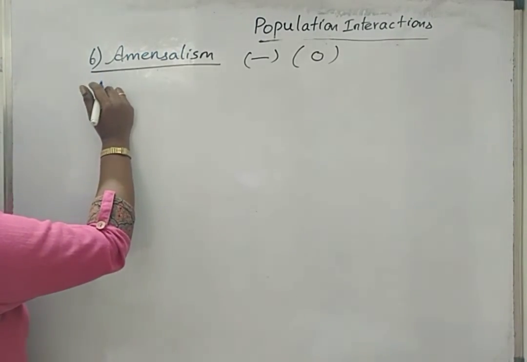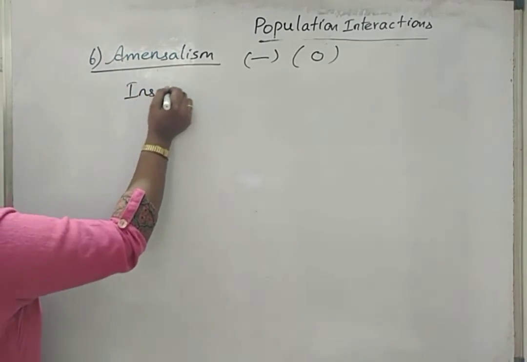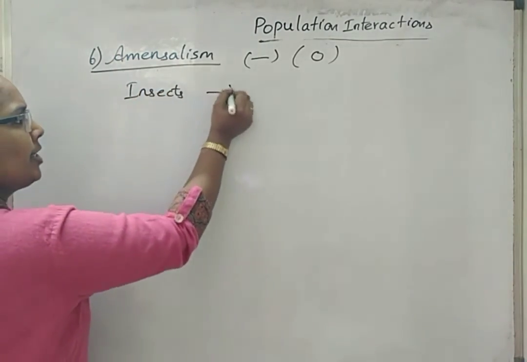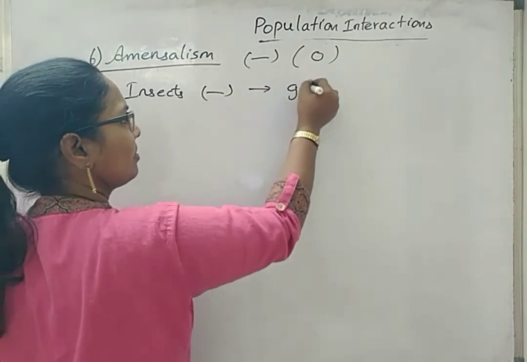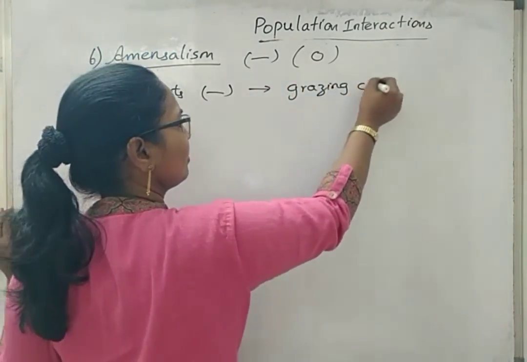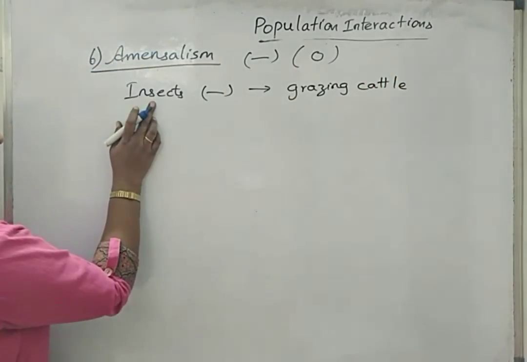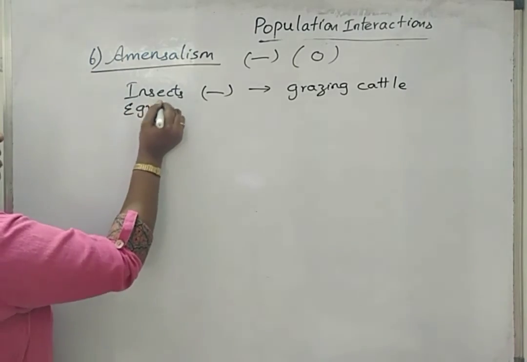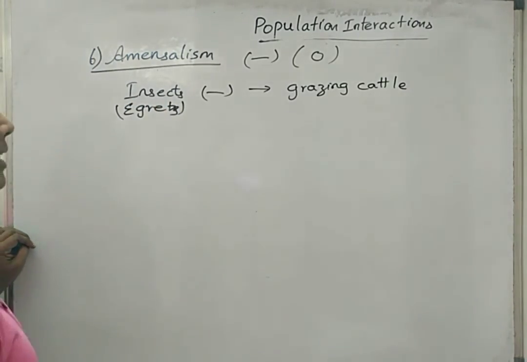We can take some examples here, such as insects which are getting harmed by the grazing cattle. Because of the grazing cattle only, these white colored egrets are coming up to the topmost of the grasses, so they are eaten by the birds or the cranes.